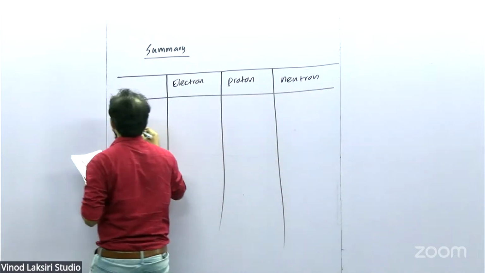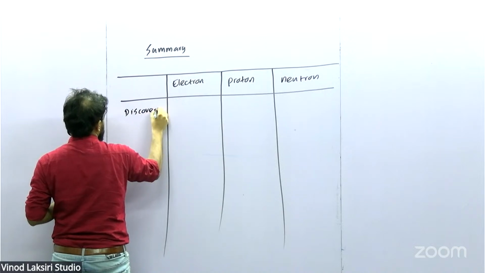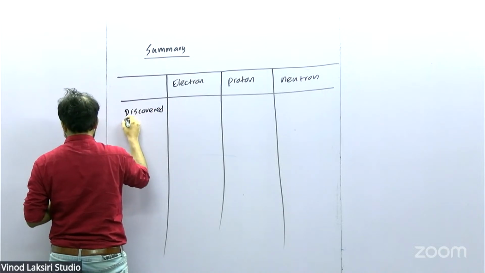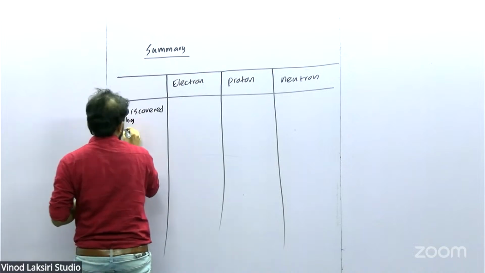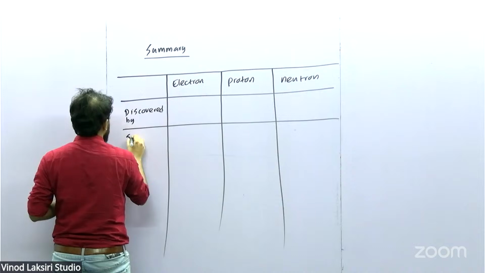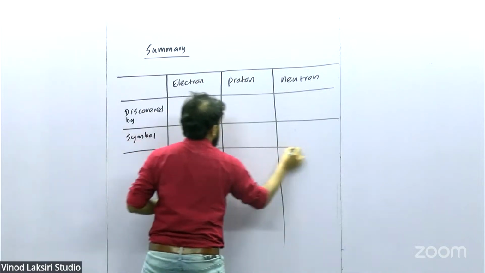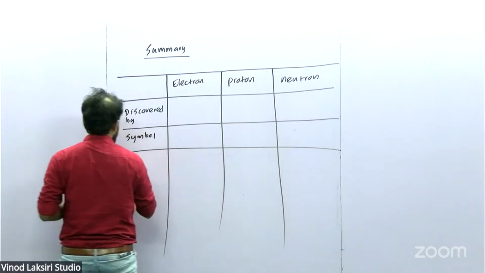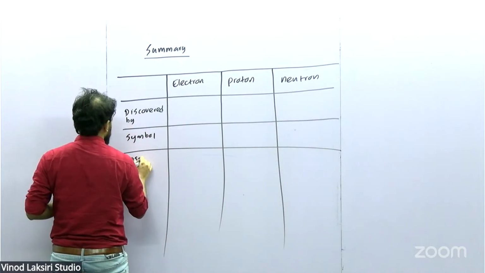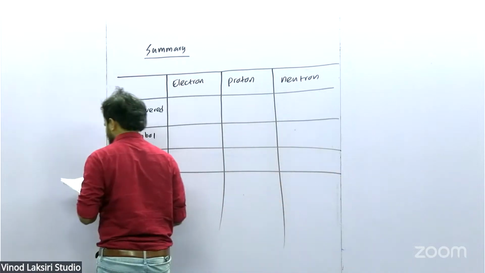First, discovered by: the name of the scientist we have written, and the symbol. What is the standard symbol of electron, proton, and neutron? Next one, mass. No need to memorize the mass value in kilogram.